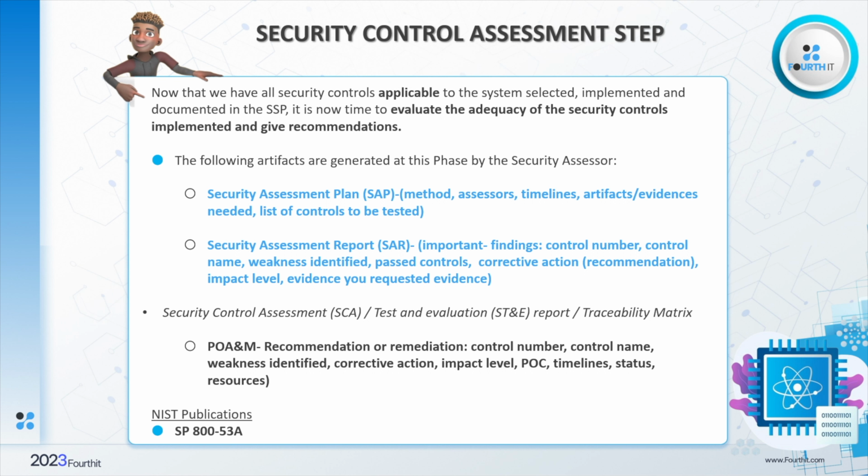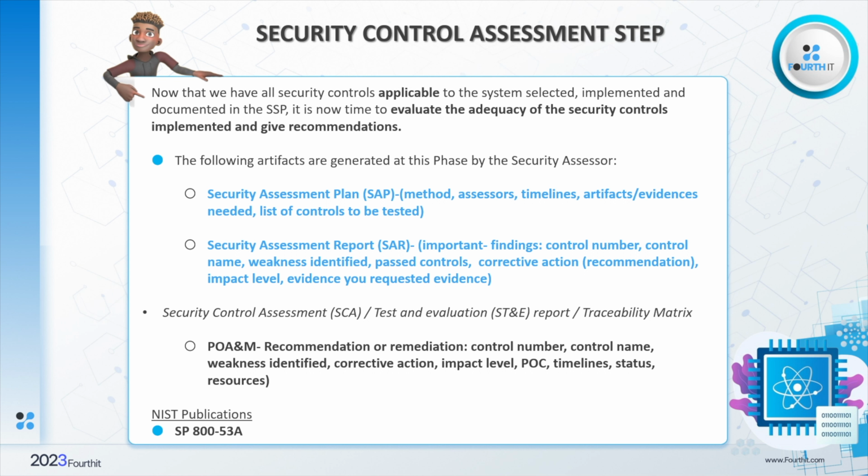So the ST&E or the SCAR will be inside the security assessment report. After you are done, the controls that failed, that is where you get to the POA&M and put them inside your POA&M. We always say that your security assessment report contains both your passed and failed controls. Why? Because it already has a SCAR, or the test and evaluation, in there.